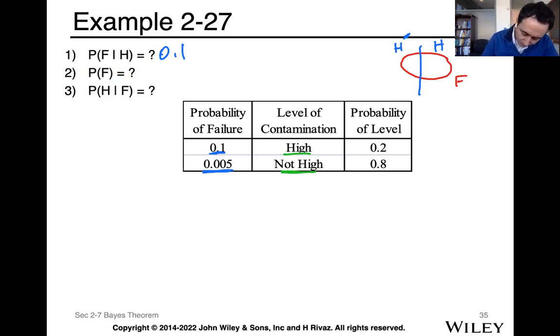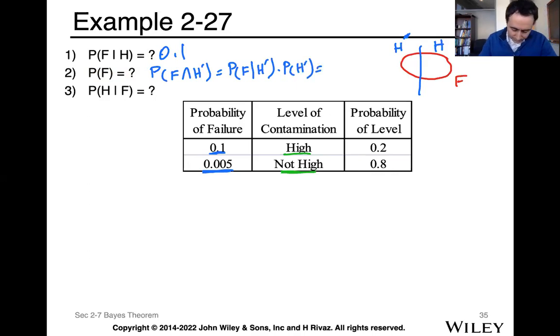Note that probability of failure intersection H prime is equal to probability of failure given H prime times probability of H prime. That is 0.005 times probability of H prime, that's 0.8, right?